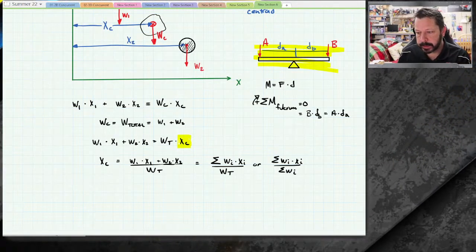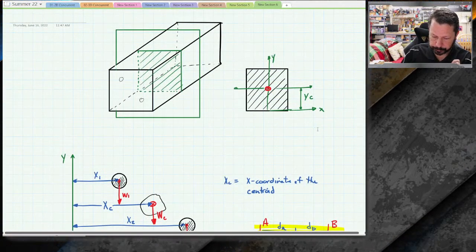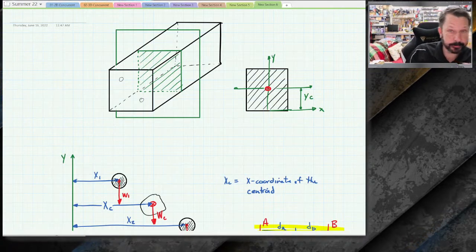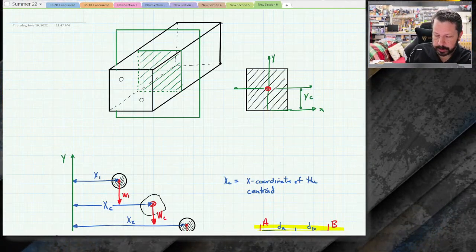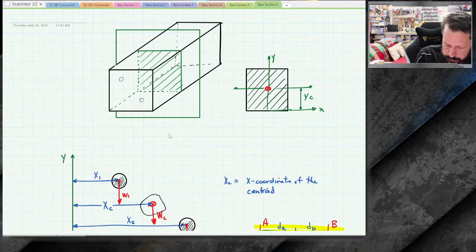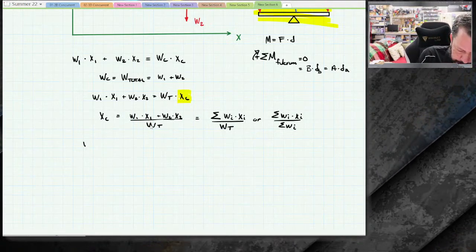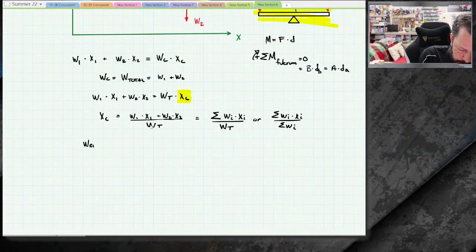I can make it a little bit simpler than that because of some of the stuff that we said back here. So in general, and for what we're going to do in this course, let's put it down here, since we're talking about weight.